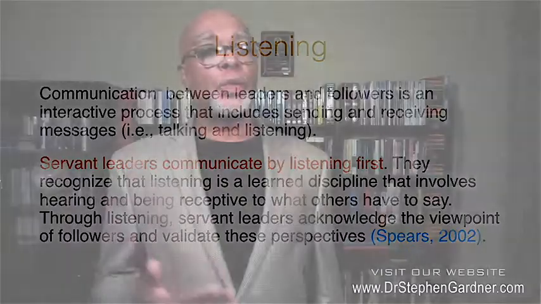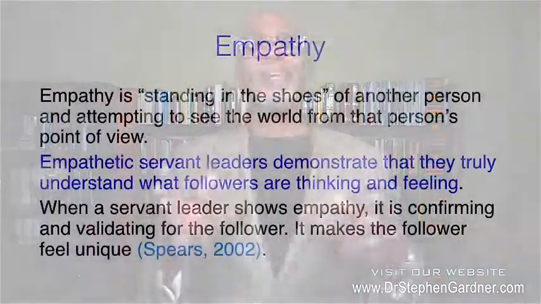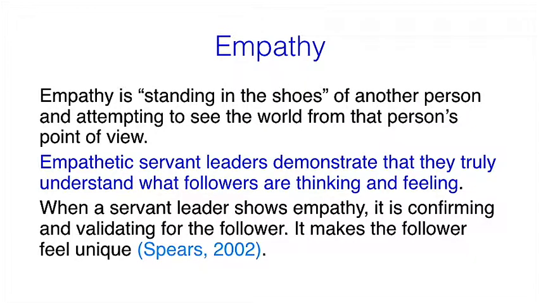The second characteristic that he mentions, which we've seen in other leadership theories that we've discussed, is empathy. Empathy is, quote unquote, standing in the shoes of another person and attempting to see the world from that person's point of view.